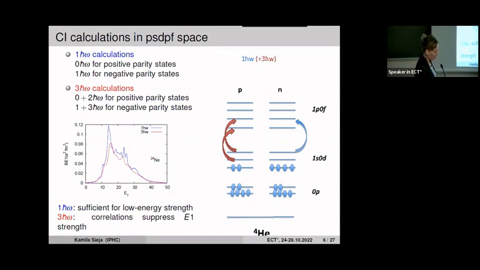But I show you these curves just to indicate that there are basically two effects that you have to remember. The first thing is that when we have a larger calculation, usually it suppresses a little bit the strength. On the other hand, if you look at the distributions, they are preserved.